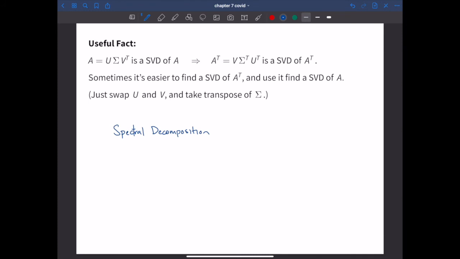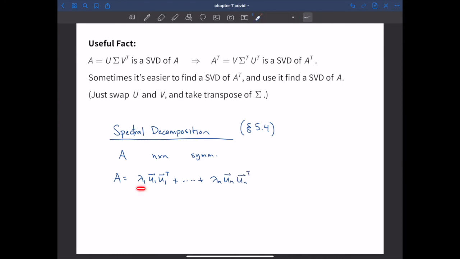Okay, now you'll remember from section 5.4, this is where we talked about it. Section 5.4: if we have a matrix A that's square, so n by n, and symmetric, what we can do is take the matrix A and split it up into a bunch of pieces that look like this: lambda 1 times U1 U1 transpose plus all the way up to lambda n UN UN transpose.